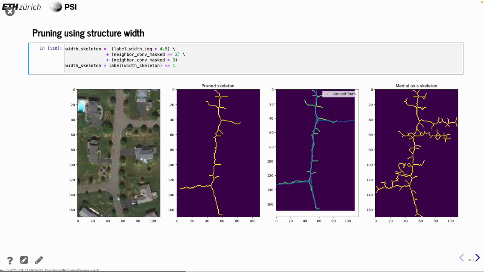Then we can also prune this skeleton based on the width, and then we can clean out some more structures. Actually the width was a better way of pruning than just using the length, because then we lost a lot of segments. And now we are closer to the ground truth, in particular if we compare to the medial axis skeleton we originally had.